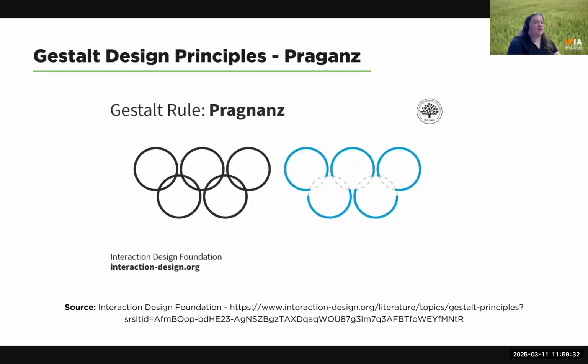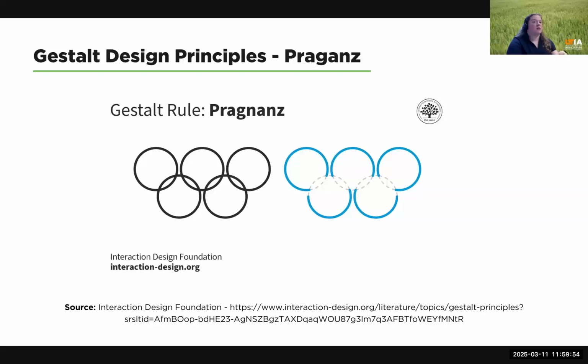So you can see from the last slide, there were several design principles. We're not going to talk about all of those in this slide set. One of the most important ones, that I feel is most important, is this idea of pragnanz. And I'm not German, so I may be butchering how you say that.